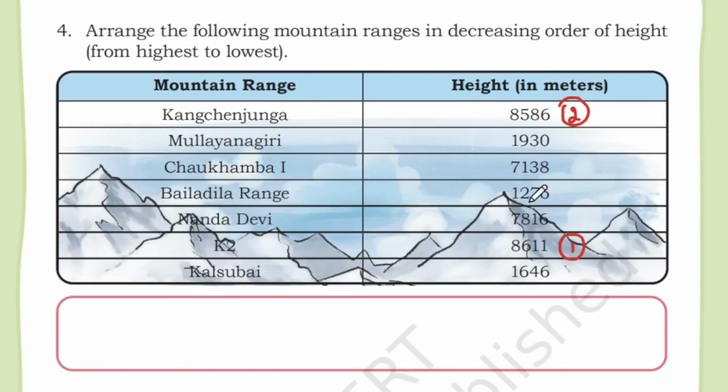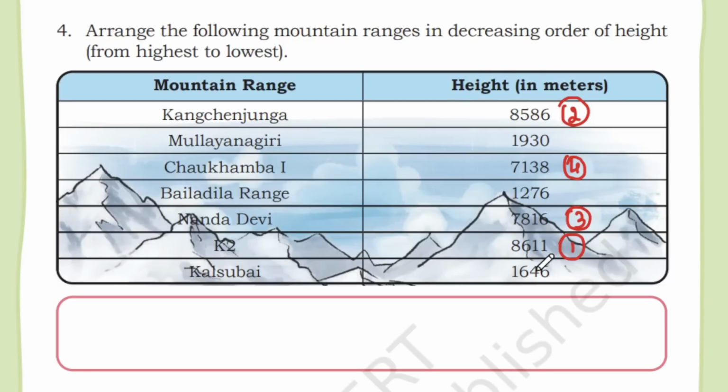Next we'll go to 7. So we have 7,138, 7,816. So 8 is greater than 1. So this is the third place. This is the fourth place. So you have anything in 6,000? No. Anything in 5,000, 4,000? No. 3,000, 2,000? No. We have only in 1,000.